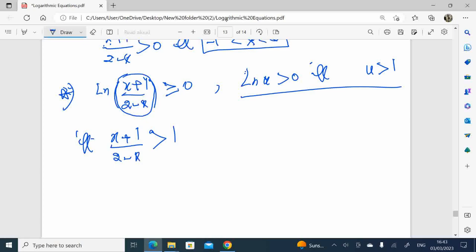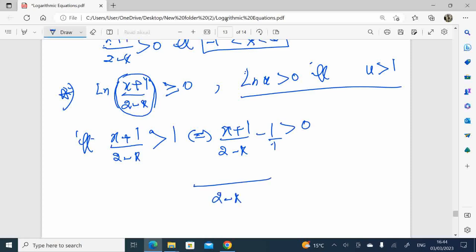So how to solve this? This is equivalent to saying (x+1)/(2−x) − 1 needs to be positive, so I put it over a common denominator. The common denominator here is 2−x, so we get (x+1 − (2−x))/(2−x), which needs to be strictly positive.